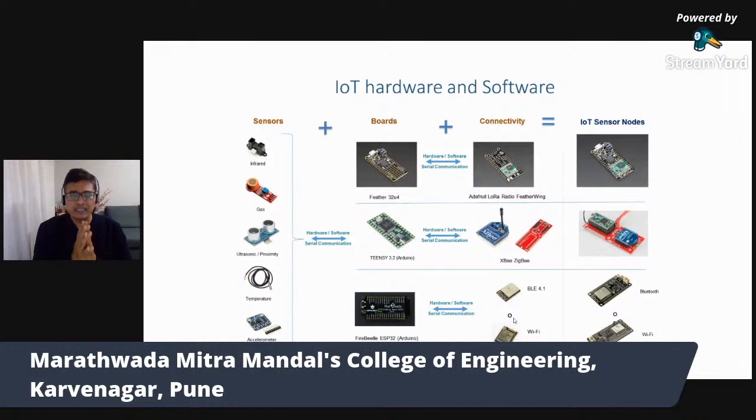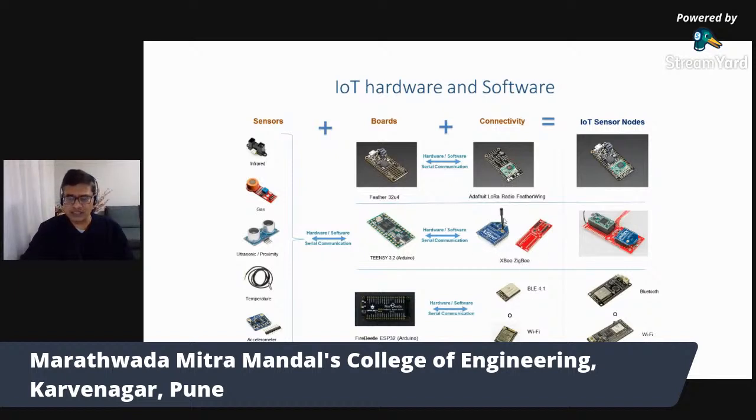Networking here is how we can network these IoT devices, and there are various ways. In today's session, I'm going to discuss these short range and long range wireless interfaces. You can see that I have my sensors connected to my microcontroller board, and with my microcontroller board, I have my networking device connected to it.